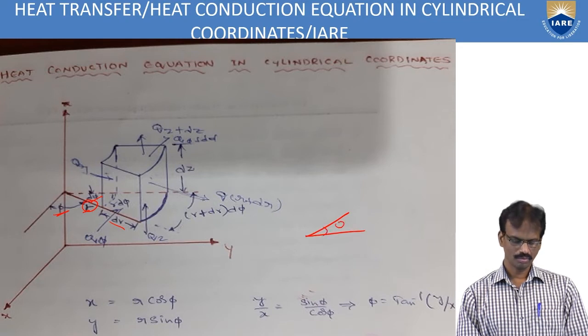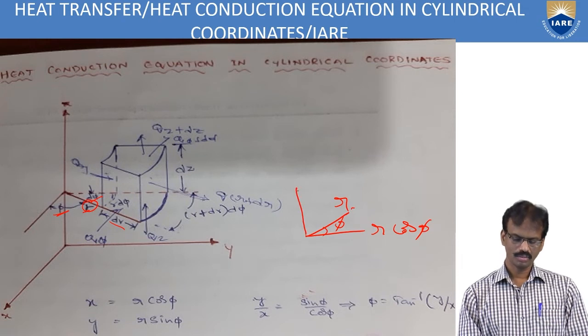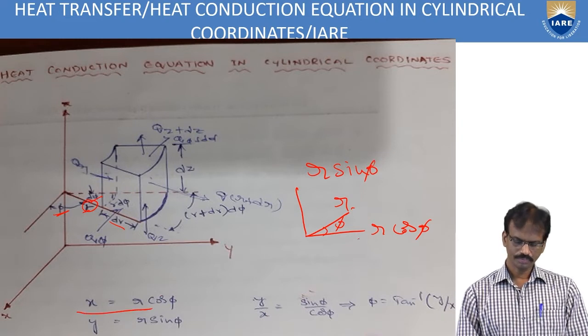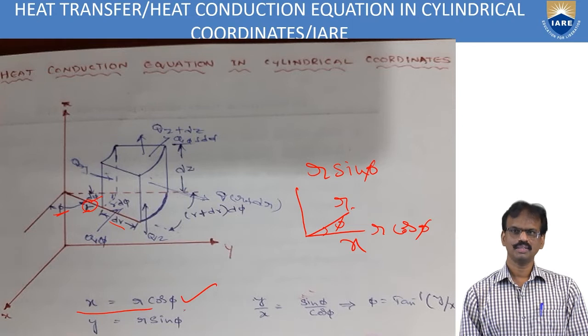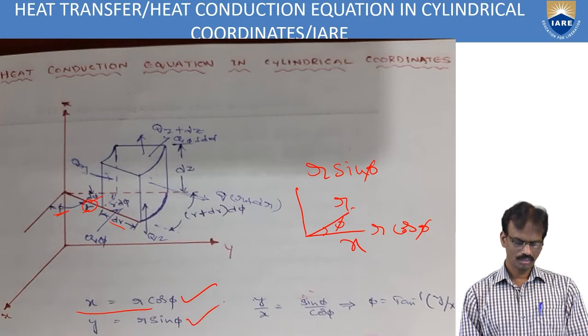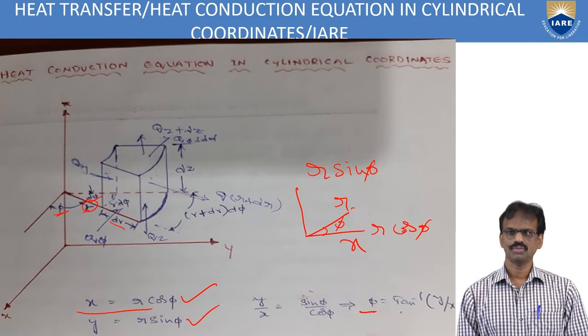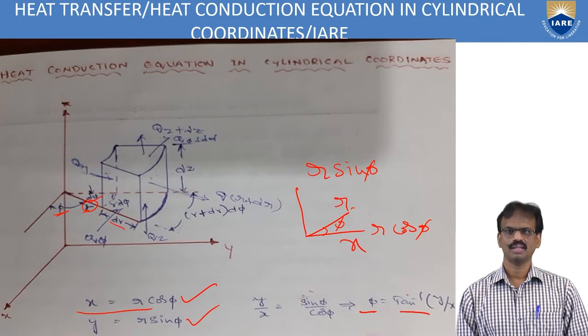So the x component is r cos phi, and the y component is equal to r sin phi. You know that. Then x is equal to r cos phi, and y is equal to r sin phi. Then y by x is equal to sin phi by cos phi, which is tan phi. Then phi is equal to tan inverse of y by x.